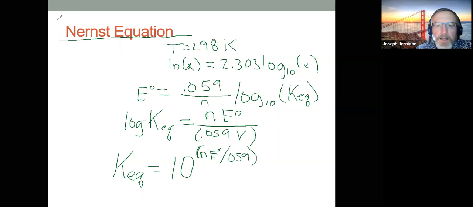It's just manipulating. What I did there is I raised both sides to the power of 10, so I removed the log from the left side, and that's the equation that I get.